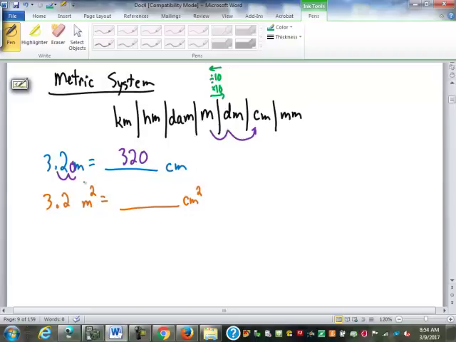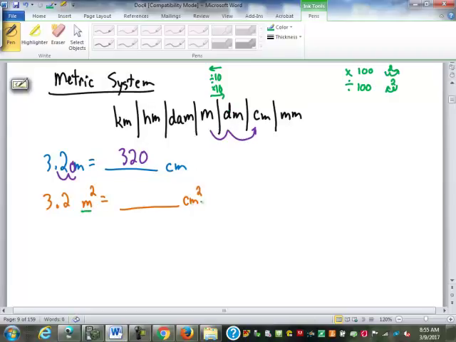If it's squared units, it's not 10 anymore, it's 10 by 10, which is 100. Well, when you multiply or divide by 100, what's it do to the decimal point? It goes over 2 spots. So now every spot on the chart becomes 2 decimal places.